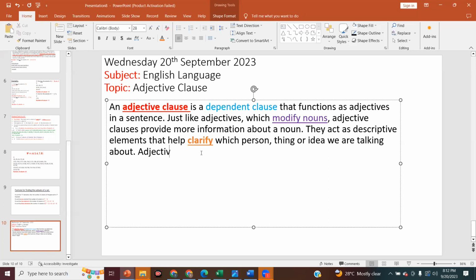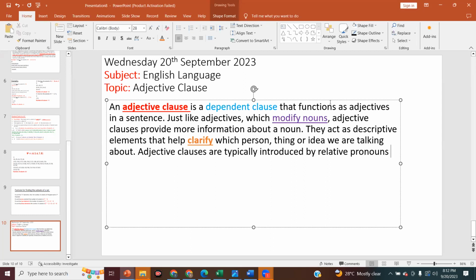The way that you know that you're dealing with adjective clauses is because they are typically introduced by relative pronouns. Now, anyone know what we mean by relative pronouns?